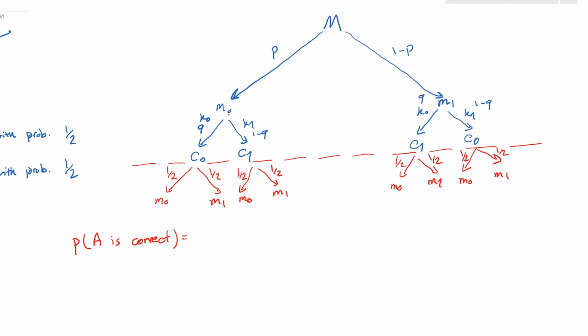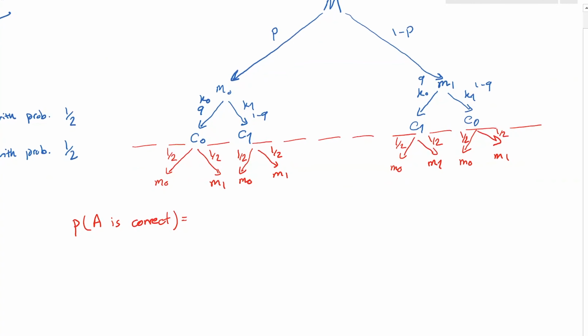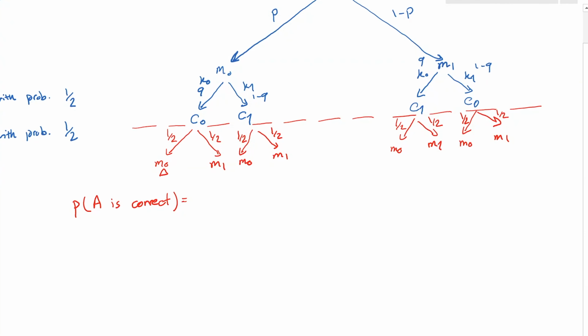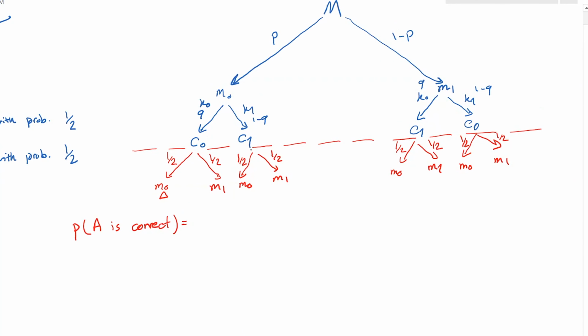The message was M0, the ciphertext is C0, and the adversary says the message corresponding to C0 is M0 or M1. We know the message was M0, so let's draw a triangle indicating that the adversary was correct in this branch. Similarly over here, this one is correct.